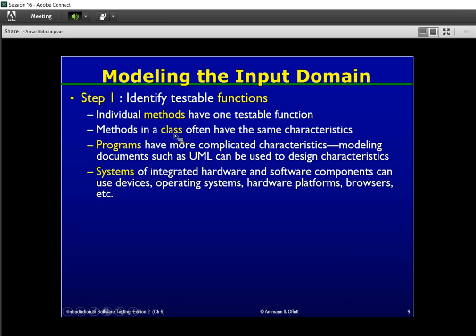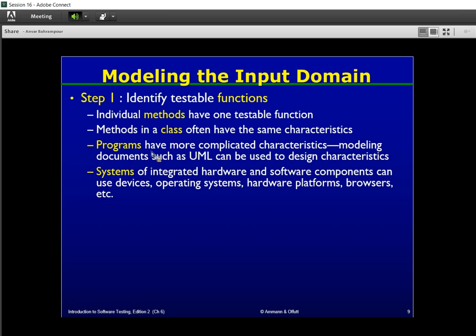Methods in a class often share some characteristics of the class because all of them can use some properties or some fields of the class in common. Another point to consider in this step is that programs have more complicated characteristics.